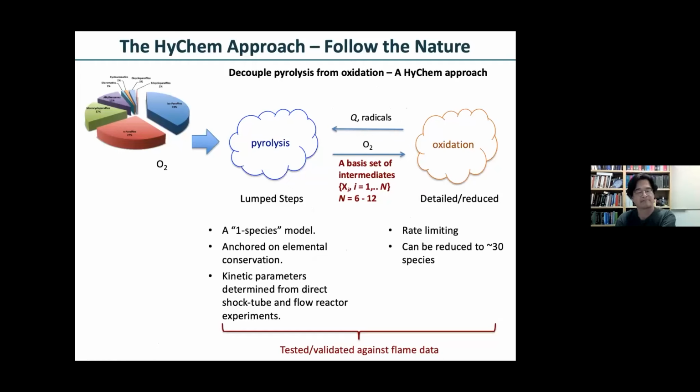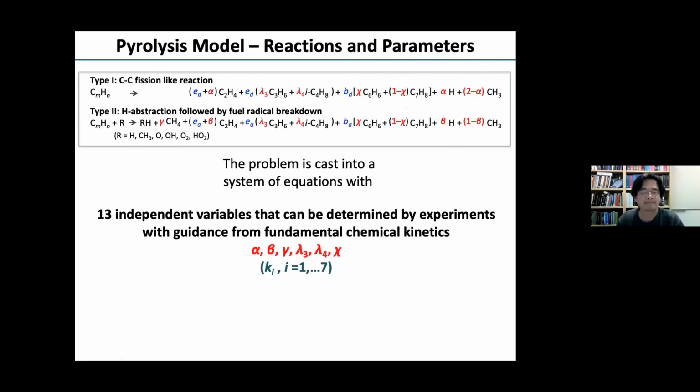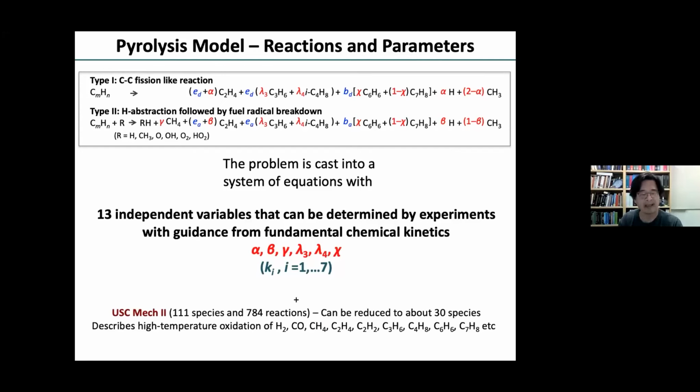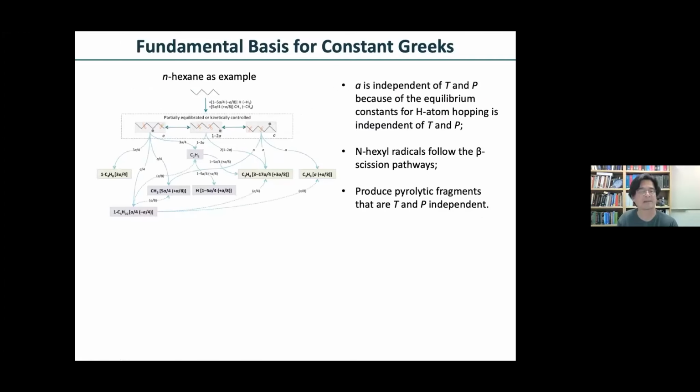We only use measured species concentrations to determine the model parameters. Then we test and validate the resulting model against the global combustion properties, flames, and shock tube. All right. So the problem is cast essentially into 13 independent variables that are to be determined by fundamental experiments. Okay. And we use a foundation fuel chemistry model. We use USC Mech II, but you can use anything, as a matter of fact. It's not that important.